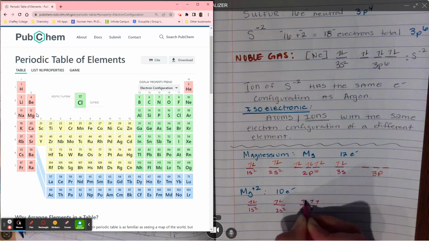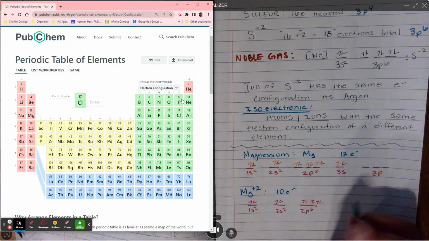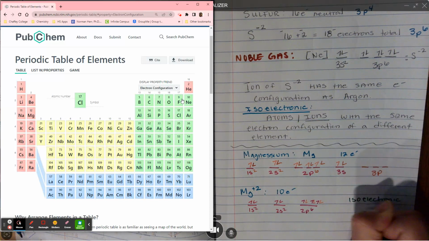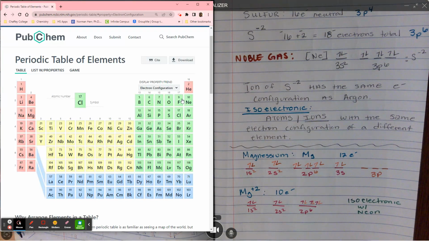That gives us the electron configuration for magnesium with a +2 charge, which means it lost 2 electrons, and it's now isoelectronic with neon. It's going to have the same electron configuration as neon.